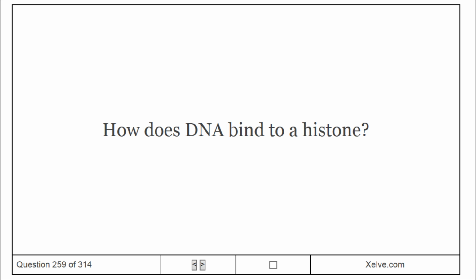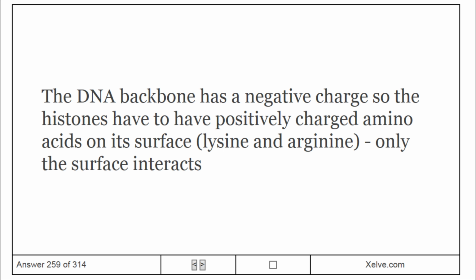How does DNA bind to a histone? The DNA backbone has a negative charge, so the histones have to have positively charged amino acids on their surface. Only the surface interacts.